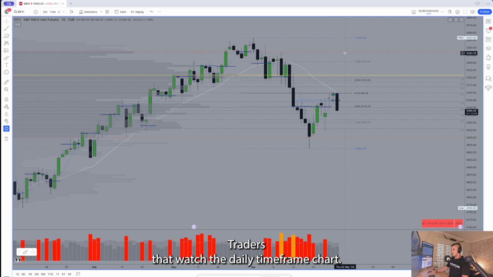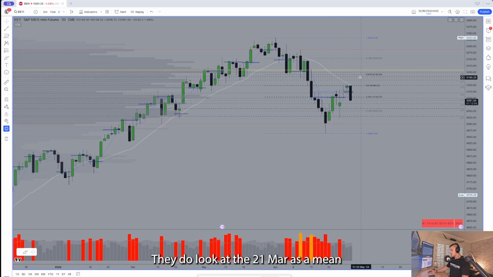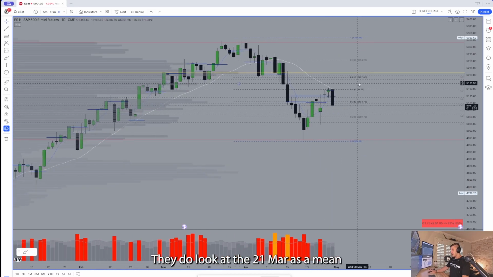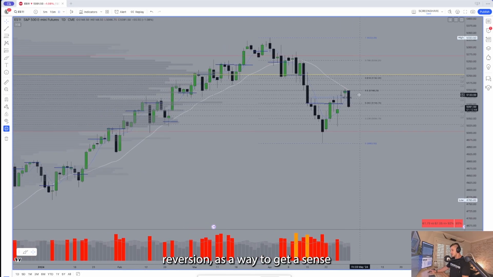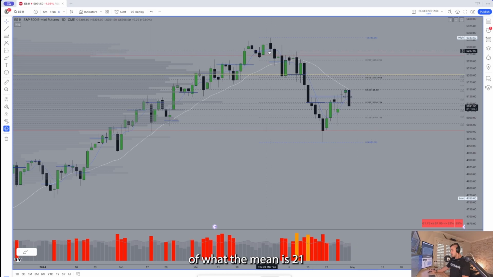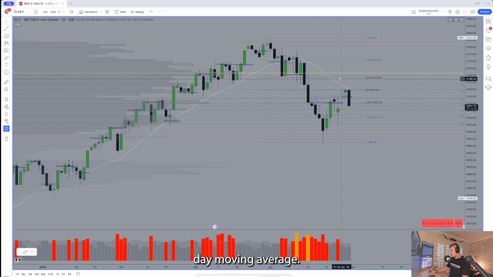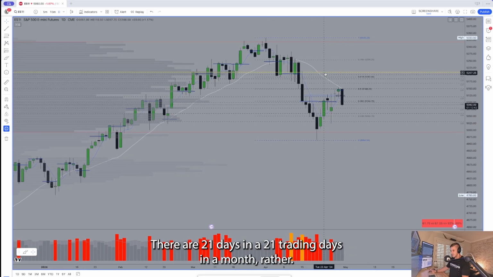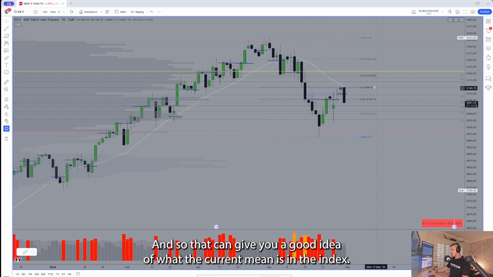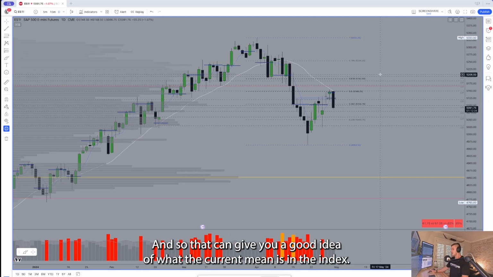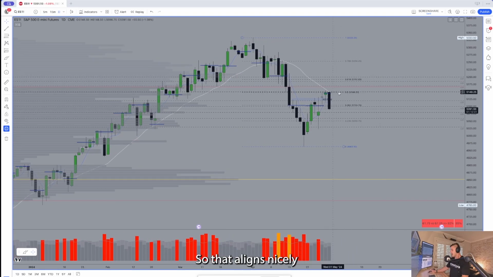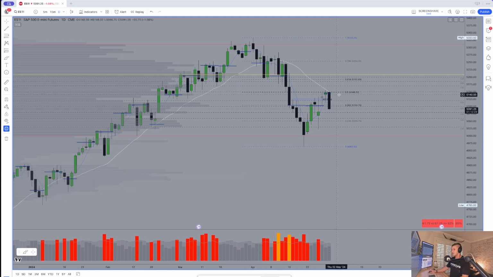Traders that watch the daily time frame chart look at the 21 MA as a mean reversion, a way to get a sense of what the mean is. 21 day moving average, there are 21 trading days in a month, and so that can give you a good idea of what the current mean is in the index. So that aligned nicely for a key area of resistance.